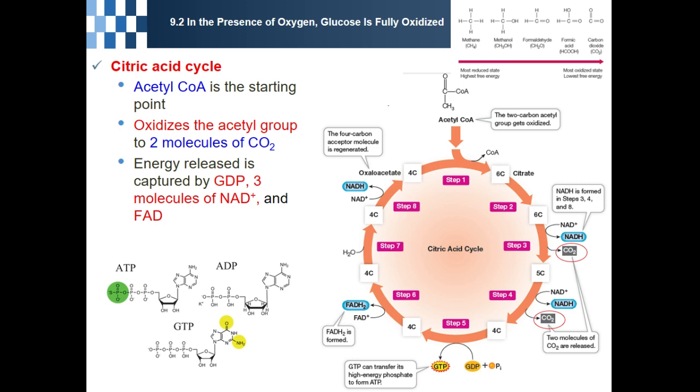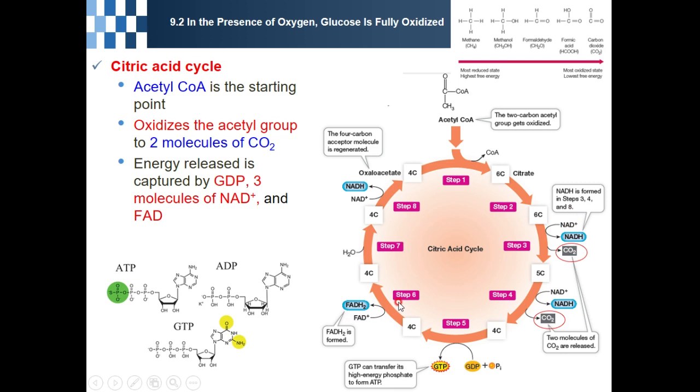Also, they will make 2 carbon oxide, 1 GDP is changed to 1 GTP, 3 NAD plus is changed to 3 NADH, and 1 FAD plus is changed to 1 FADH2.